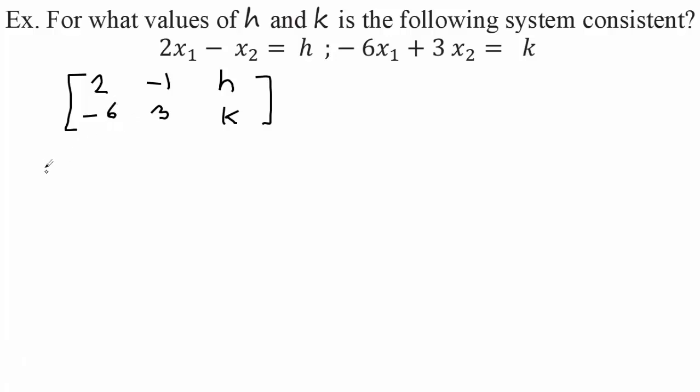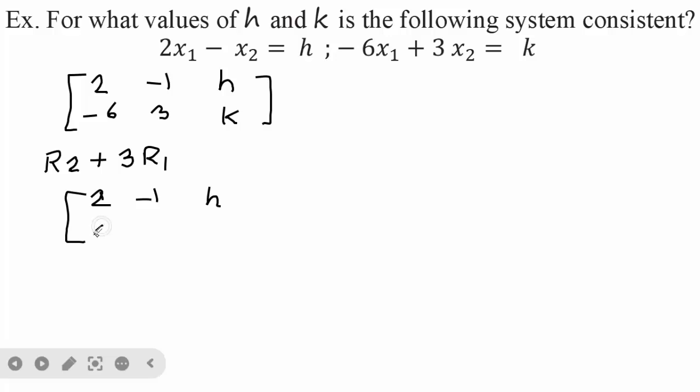This element can be made 0 by multiplying the first row by 3, that is, R2 plus 3 times R1. What happens? The first row remains as it is. -6 plus 2 into 3, that is 0; 3 plus 3 into -1, that is 0; and k plus 3h.